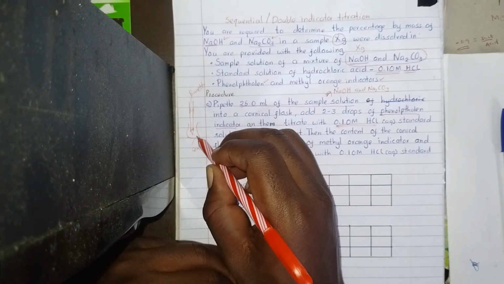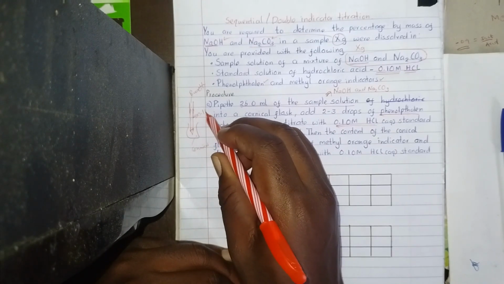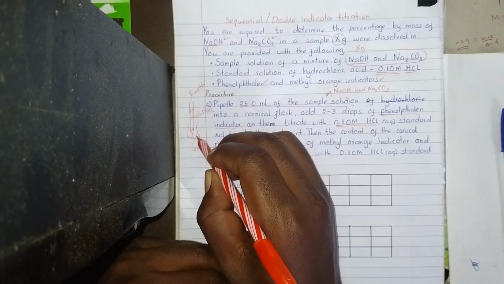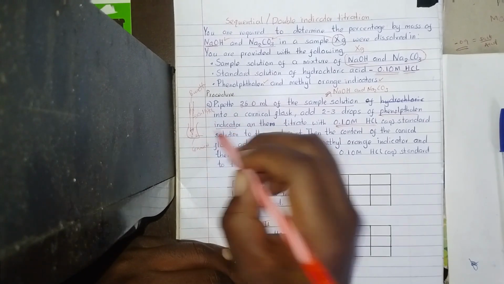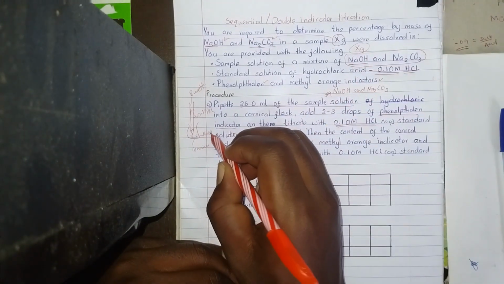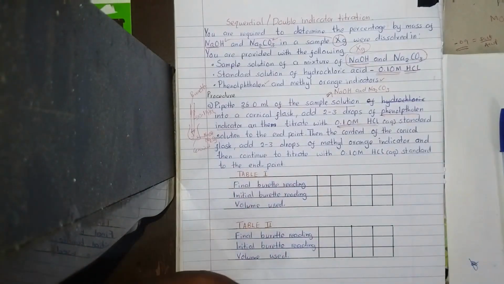The burette here has 0.10 HCl, and the conical flask has the sample X, which contains sodium hydroxide and sodium carbonate. I hope you are understanding up to there.